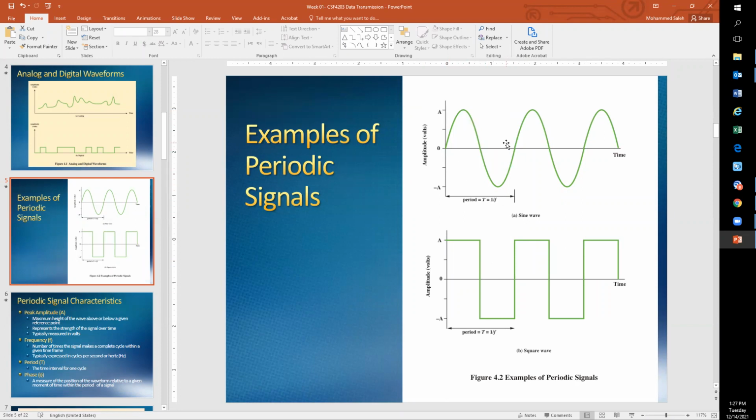The time is measured in seconds, and the frequency is equal to the number of cycles completed in 1 second. Like speed, which we measure in kilometers per second, frequency is the number of cycles per second. The unit for frequency is hertz, and the equation for the period is T equals 1 over F.